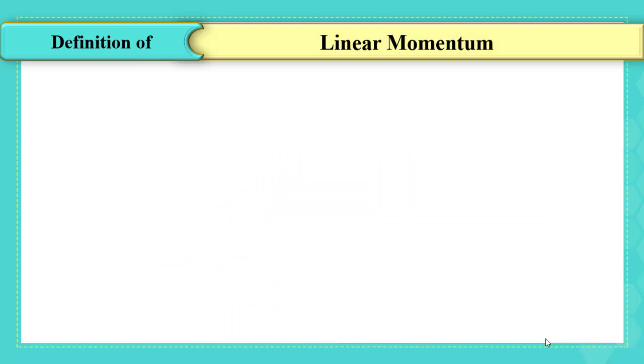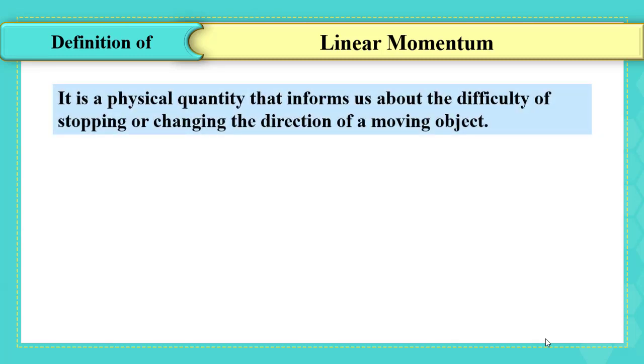We conclude that the mass and the velocity play a major role in studying motion, and this gives us the definition of linear momentum, which is a physical quantity that informs us about the difficulty of stopping or changing the direction of a moving object.